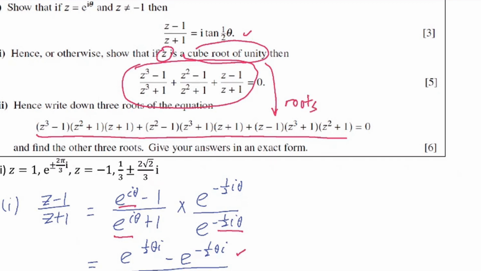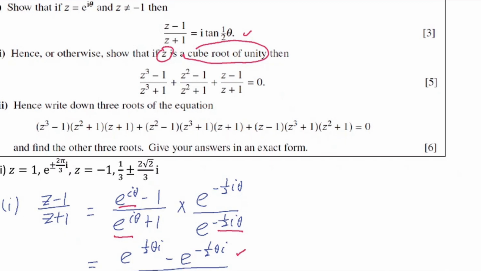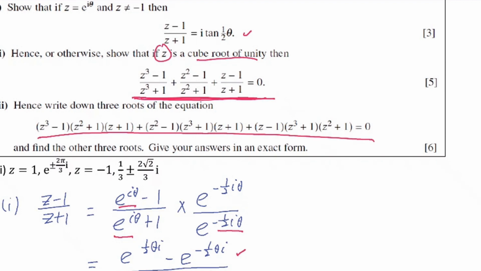Because z is a cube root of unity and it satisfies this equation, and from the second line here we are getting this equation. It means that all the roots here are also the roots to this equation.